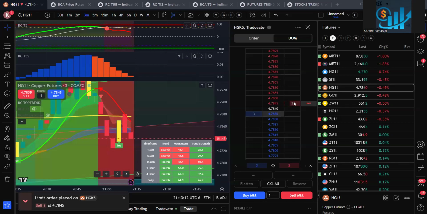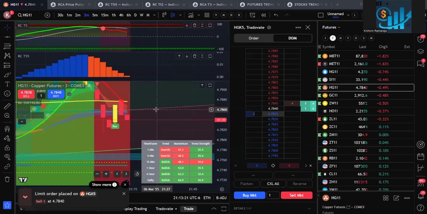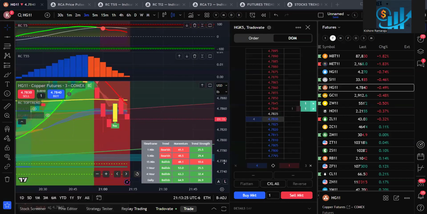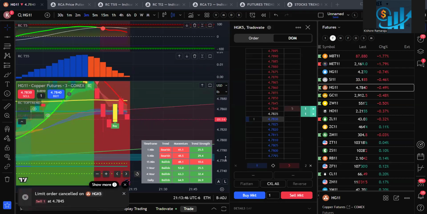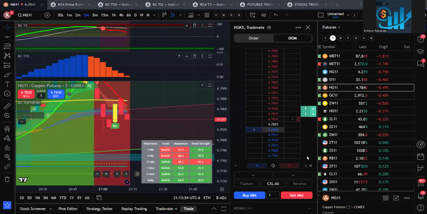So shorting copper. If you have a 150K account and in the evening time, if you find a good setup with two or three quantity, easily we can make $300-400.